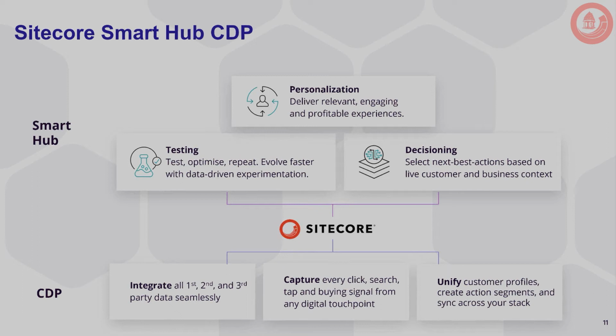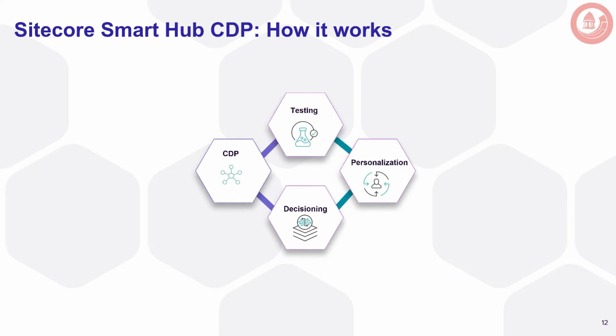Now let's capture how it works all together. This is the core functionality, and this is the microservice-based ecosystem of Sitecore CDP. We had already discussed it in our previous session, so we'll not go into much deeper detail, but we will still briefly touch on the areas.